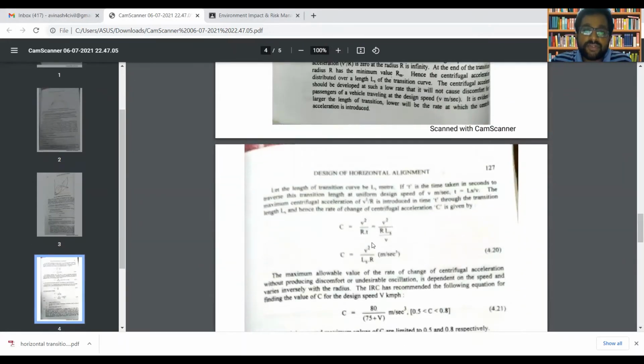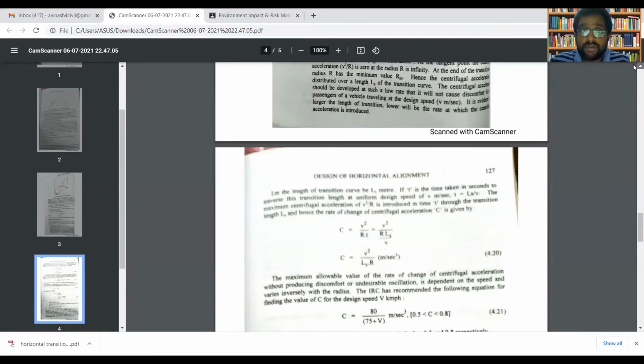From this consideration, we can write the rate of change of centrifugal acceleration C is equal to V square by Ls into R, where V is the design speed in meters per second, Ls is the length of transition curve, and R is the radius.